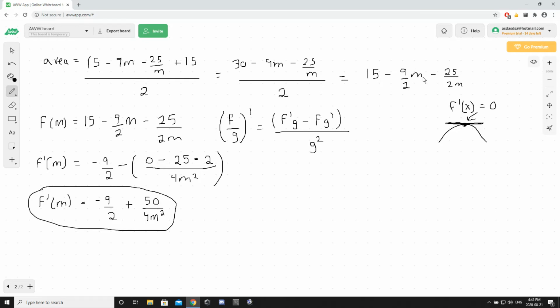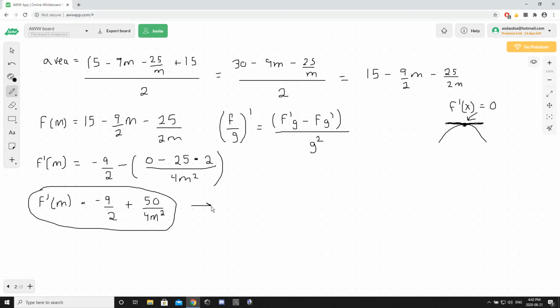Now we had said that the derivative functions are equal to 0 at critical points. So if I want to figure out what the critical points are, I'm going to have to set f prime of m equal to 0, and then solve for m, because that's going to tell me at what value of m I'm getting those critical points.